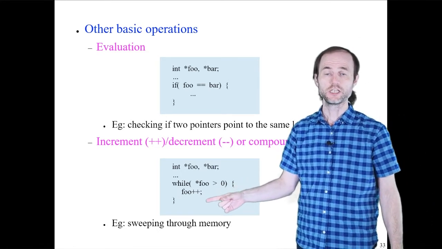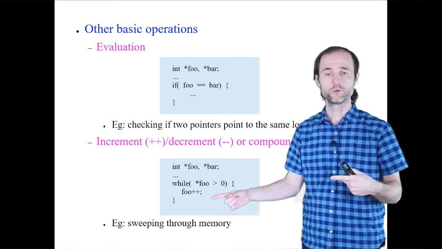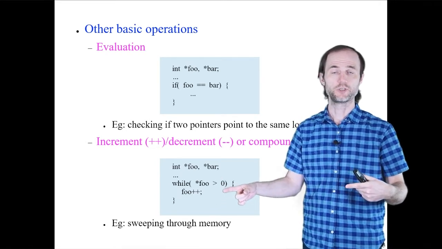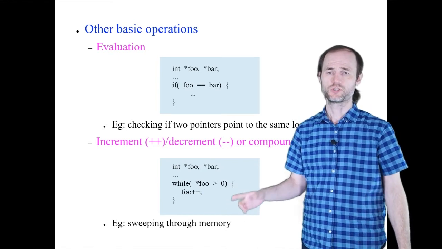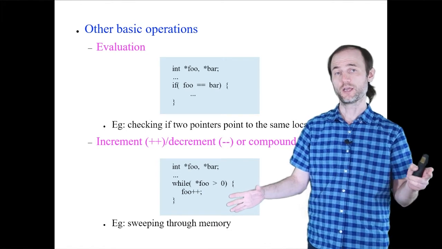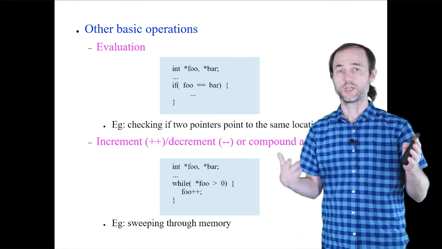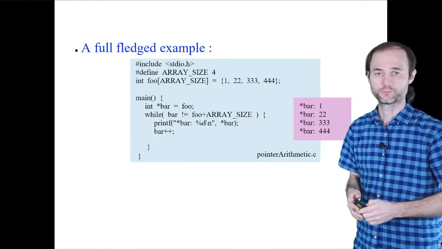You can keep incrementing the address stored in foo until you hit the value that is 0 or negative. This is a way of sweeping through memory. This is useful, for instance, when you're trying to find the end of a string, because strings in C are 0 terminated.